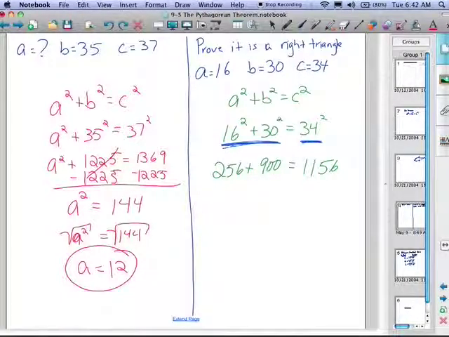When we add 900 and 256, we get 1,156. 34 squared is 1,156. And that does equal 1,156. So this is a right triangle, just like when you checked your work.